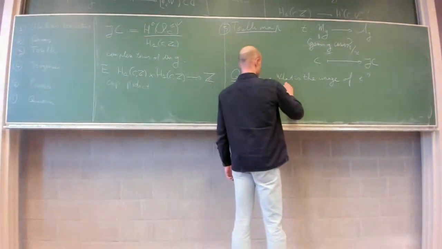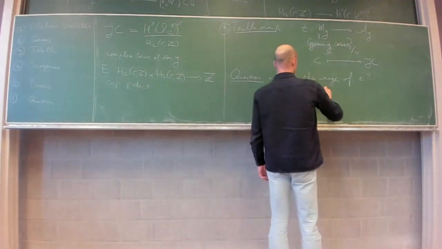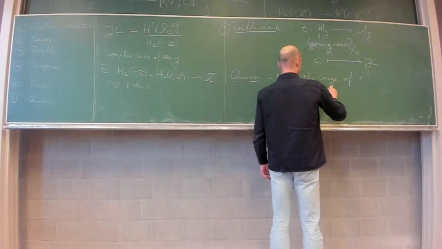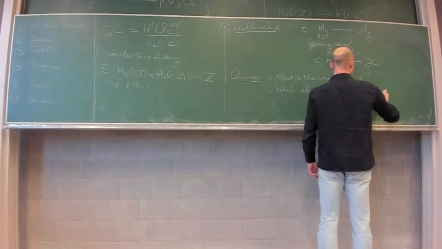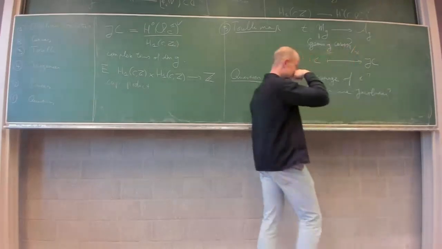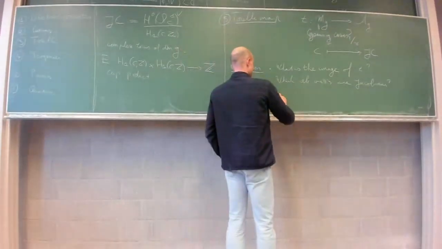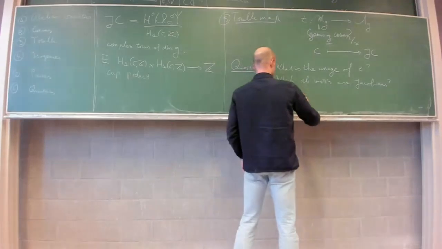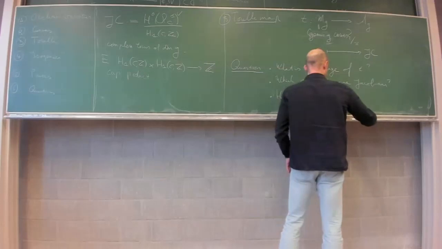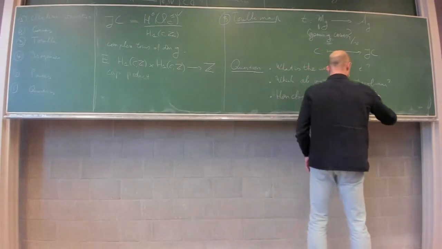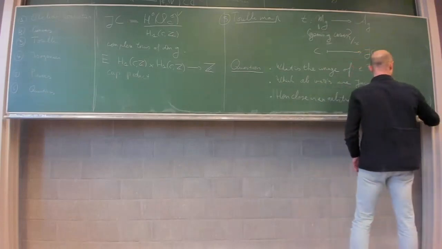In other words, which abelian varieties are Jacobians? And maybe more precisely, how close is an arbitrary abelian variety to a Jacobian?